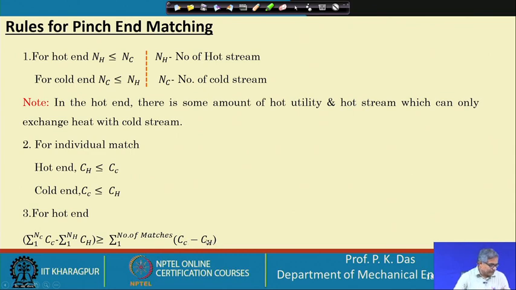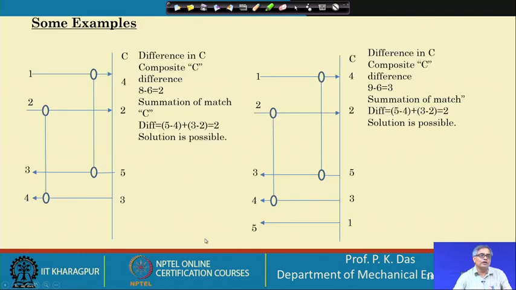Now, if we go to the next slide, we have some examples. Let us say this is your hot stream and this is another hot stream, and we have 4 as the heat capacity rate for the first stream, 2 for the second stream, and for the cold streams, this is 5 and this is 3.